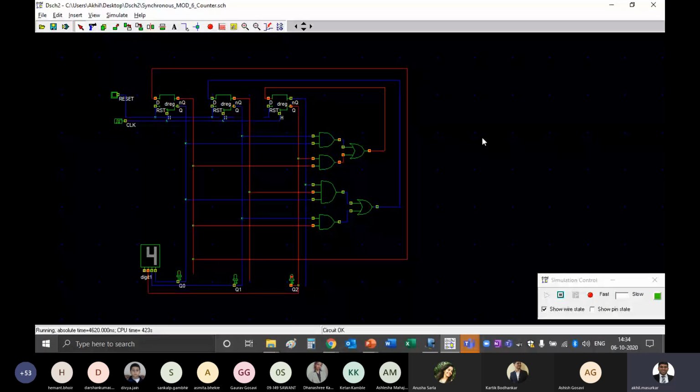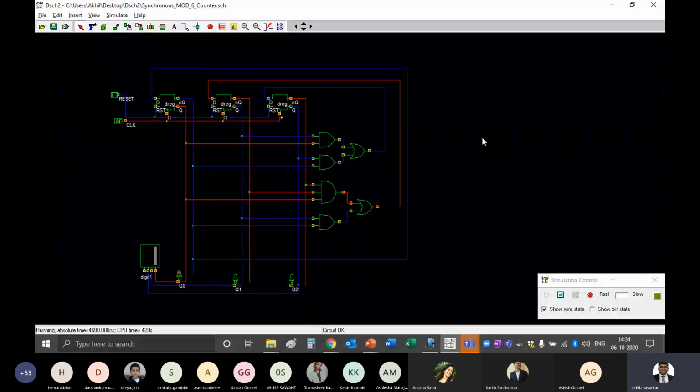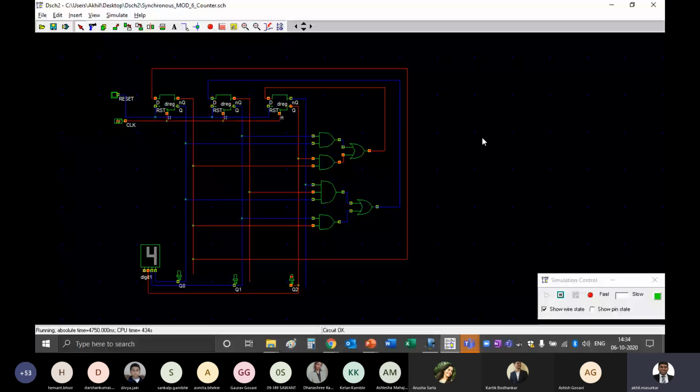Also note the LEDs down there. The LEDs indicate the values. Q2 is the MSB and Q0 is the LSB.